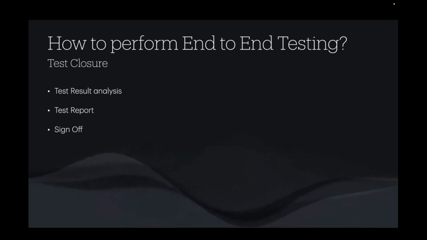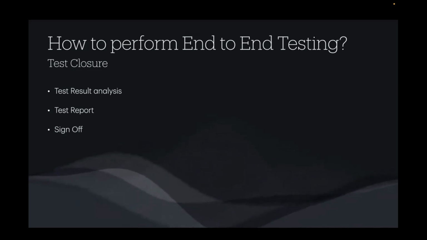In this phase, we should analyze the test results, prepare the test report, evaluate exit criteria, and then perform a sign-off, considering that all the test cases or the journeys and the scenarios related to end-to-end test cases are working fine and there are no major issues in the application, and hence we can consider it as a sign-off. So the application is actually ready for production.